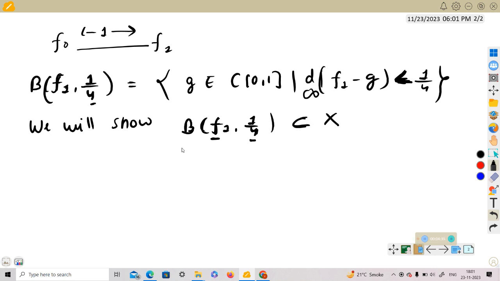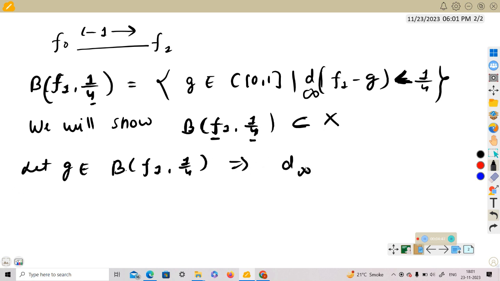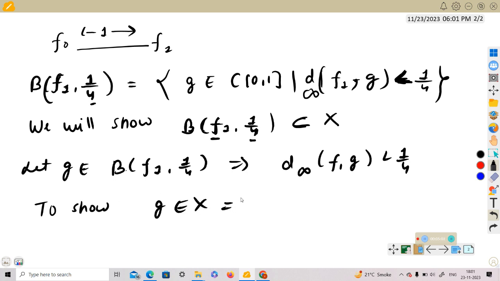So let g belong to B(f1, 1/4). Then this implies that d_infinity(f1, g) is less than 1/4. To show g belongs to X: what is X?